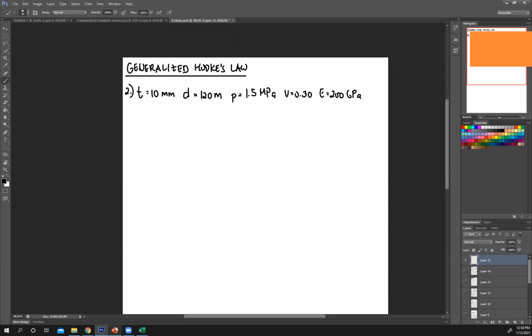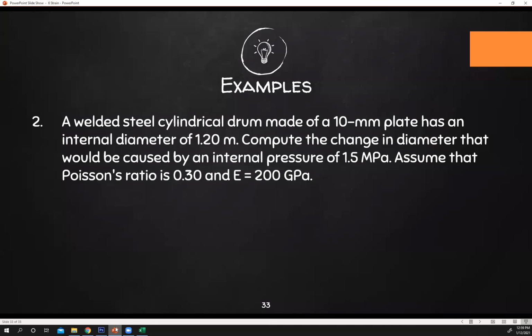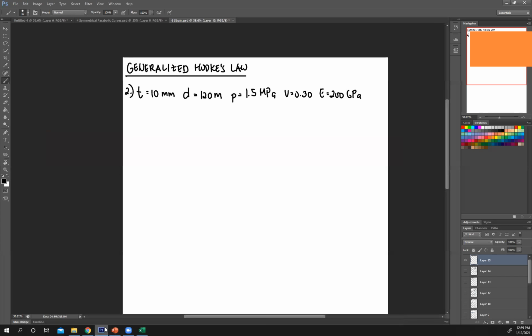We have longitudinal and transverse stress whenever you have a pressure in a vessel. So your cylindrical drum will experience a longitudinal and transverse stress, and using those stresses, we can compute the change in diameter, your strain. So let's start first with figuring out your transverse and longitudinal stresses.